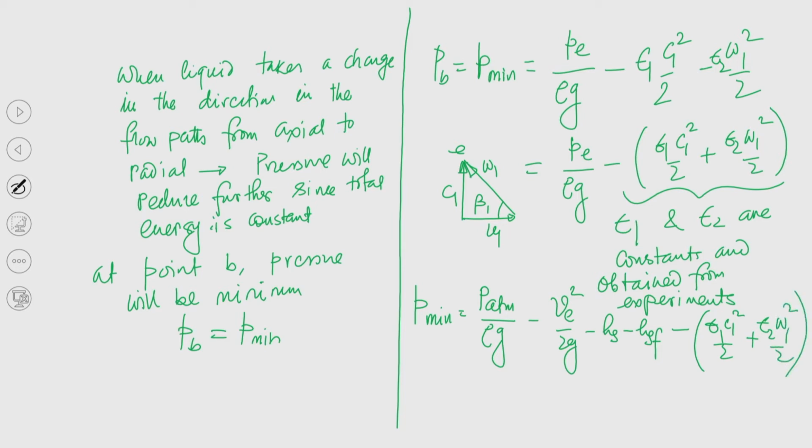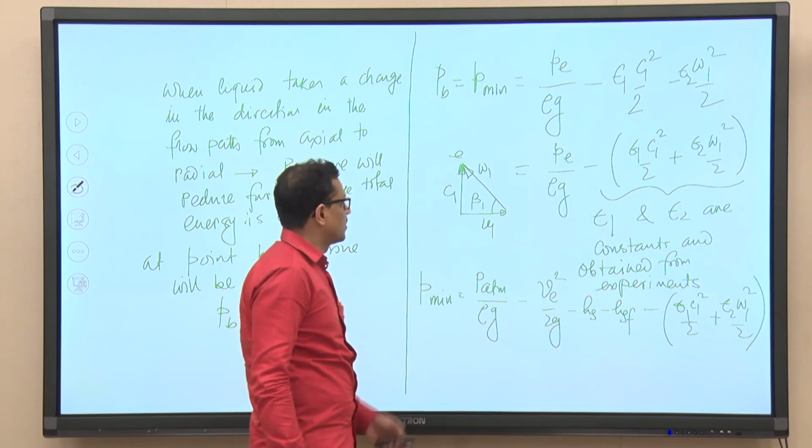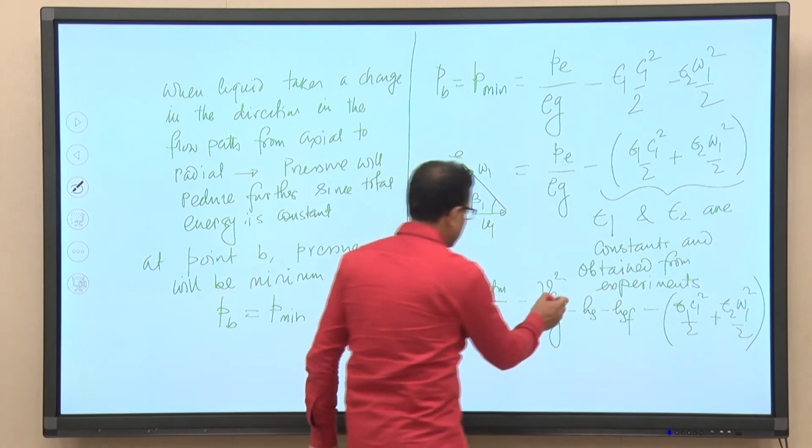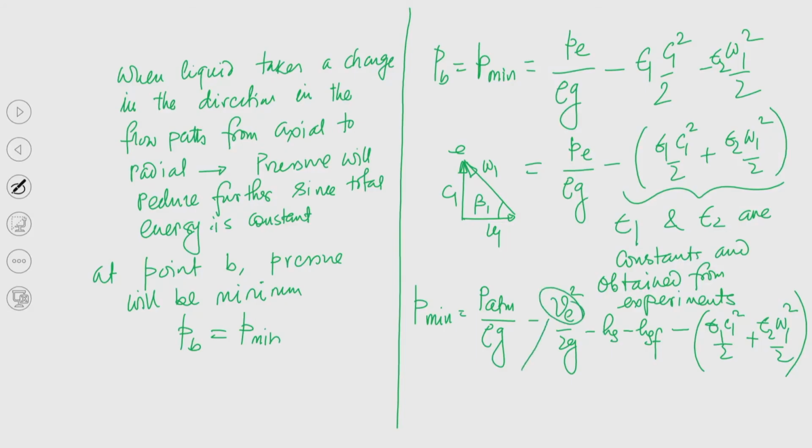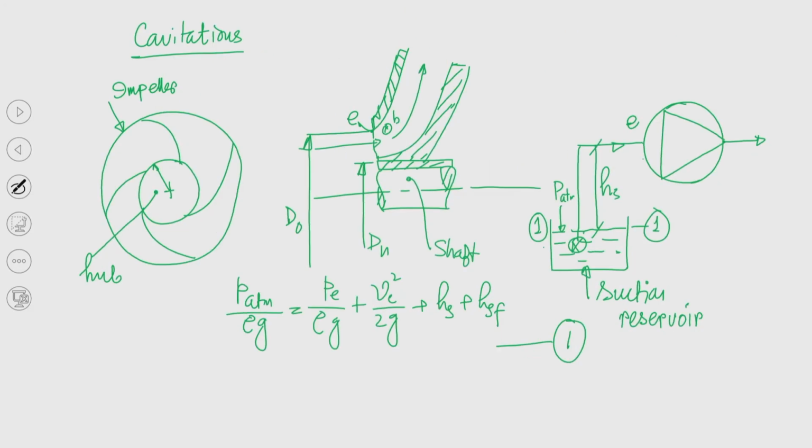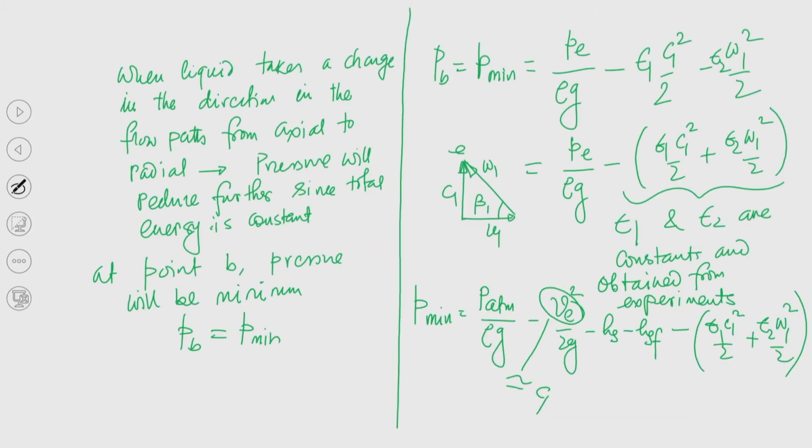Mind it, this V is essentially C1. So if we go back here, this is the absolute velocity, so V equals C1, right.